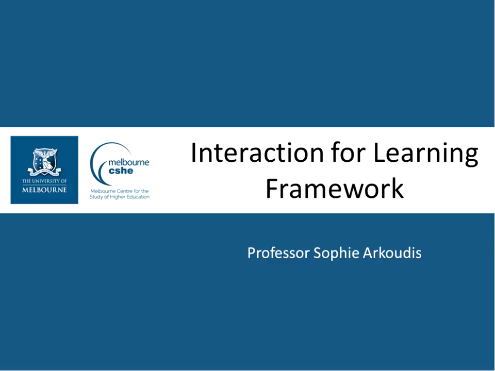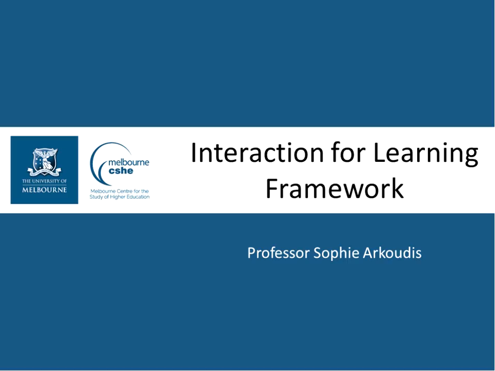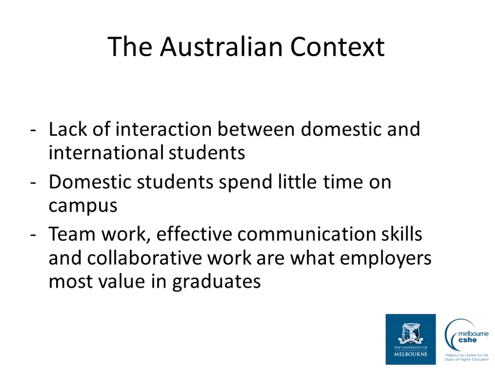Now, I think I'm going to start off by painting a little bit of the Australian context for you, which I don't think is too dissimilar from what is happening worldwide in higher education, and that is that this issue of interaction has become a really critical issue for all of us that are working with diverse student groups.